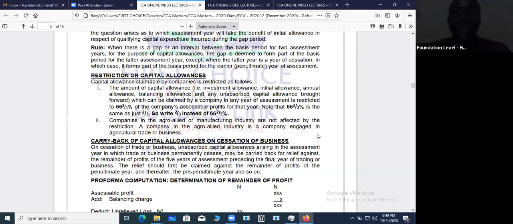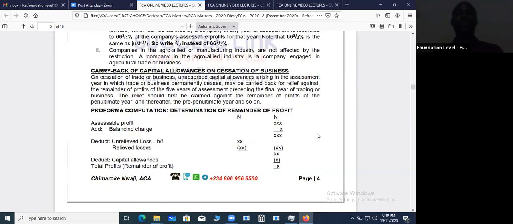But let's assume that you cannot clear them all, and your business is about to end. In fact, you have hit the ultimate year, and your business is just ending. What do you do? You have some unrealized capital allowance. The government is saying that if you have unrealized capital allowance, we can still help you.